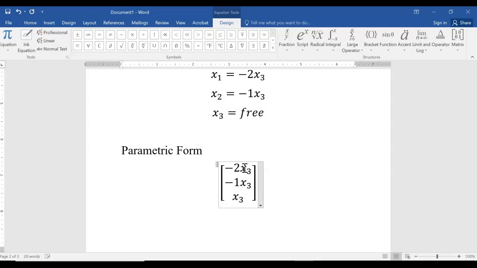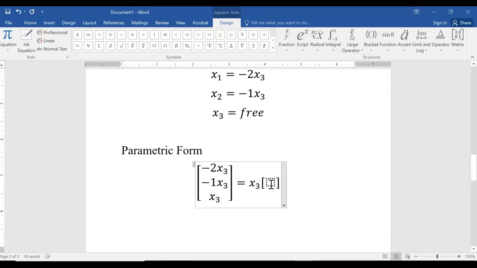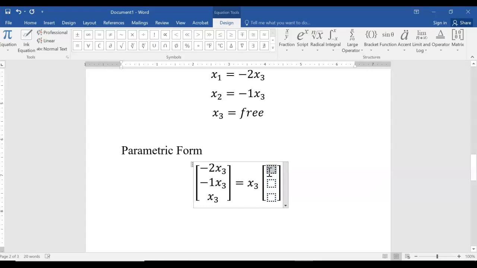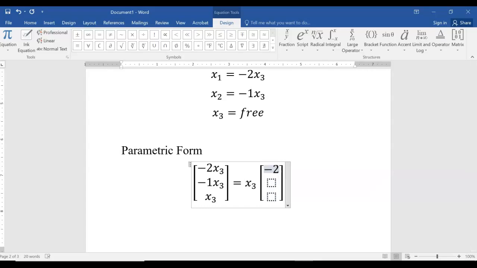All right. Now that's not quite parametric form. What we'd like to do is rewrite this as a variable out front, which we're just going to call x3, multiplied times some vector. So, variable times a vector. And in order to get parametric form, all we have to do is take the coefficients of the x3s.